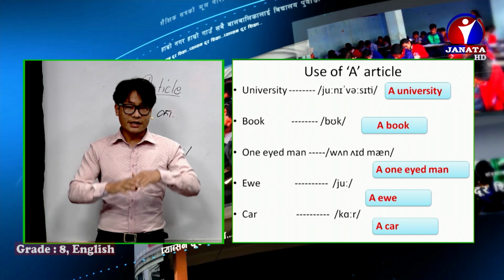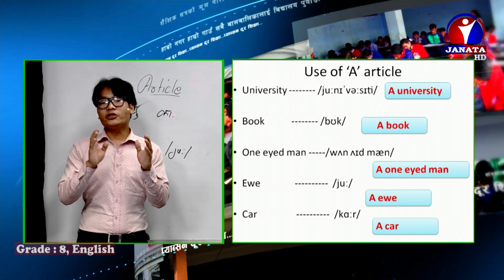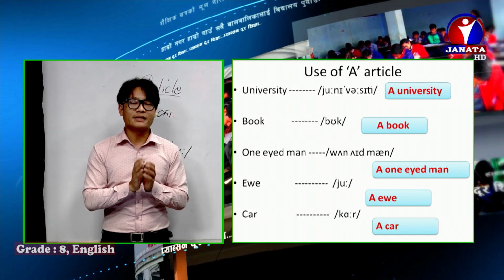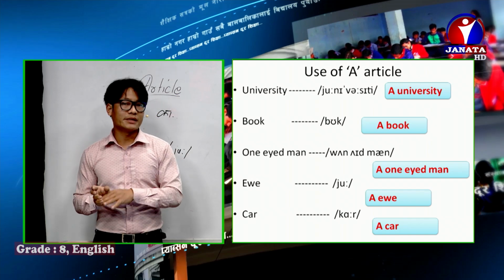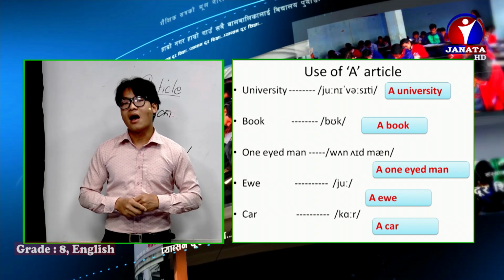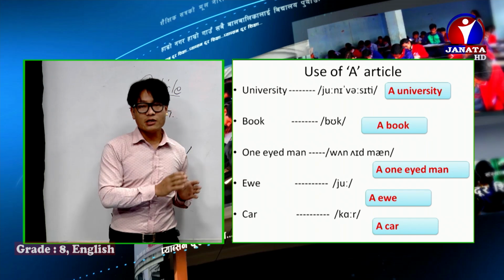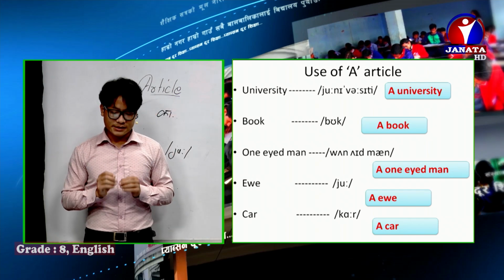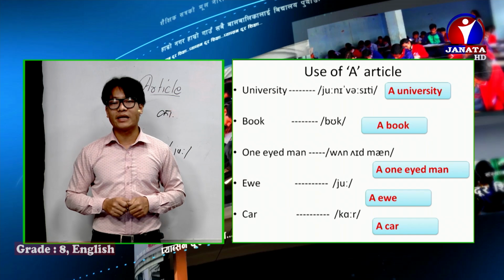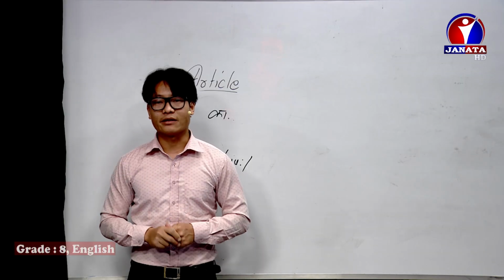So let me brief it. If the initial sound of the word starts with a vowel sound, then it takes an article. If the initial sound of the word starts with a consonant sound, then it takes a article.